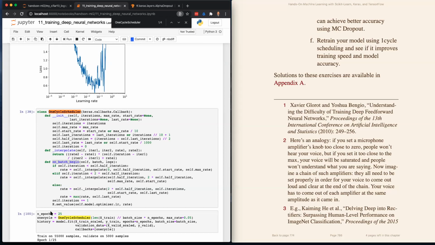Self dot interpolate. So if you see the max rate, 0.05. In the initialization of the one cycle scheduler, you can see the max rate equal to 0.05.